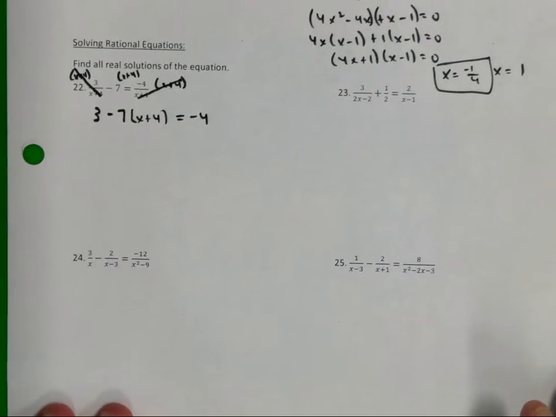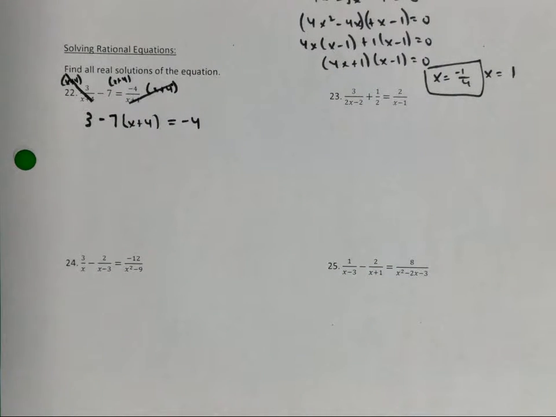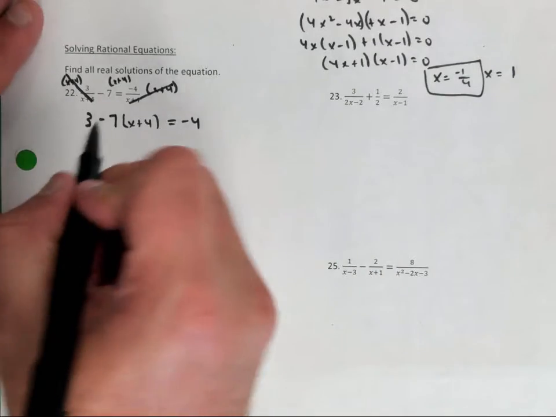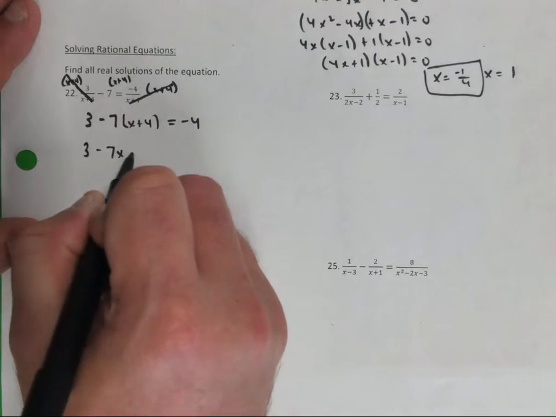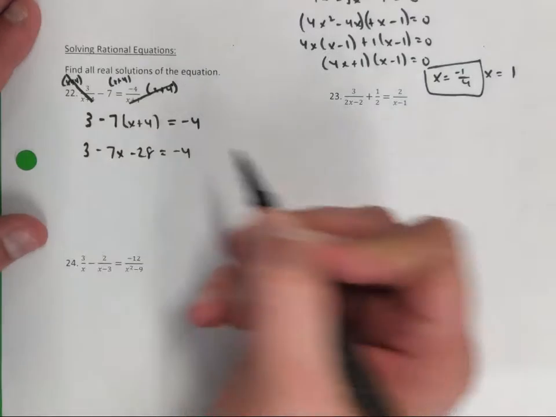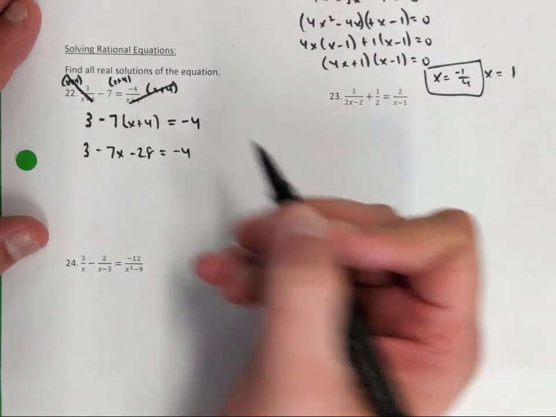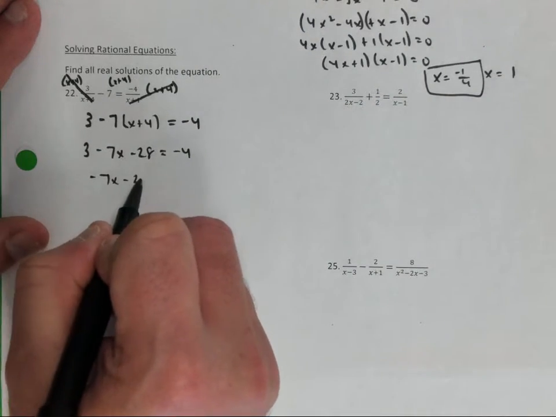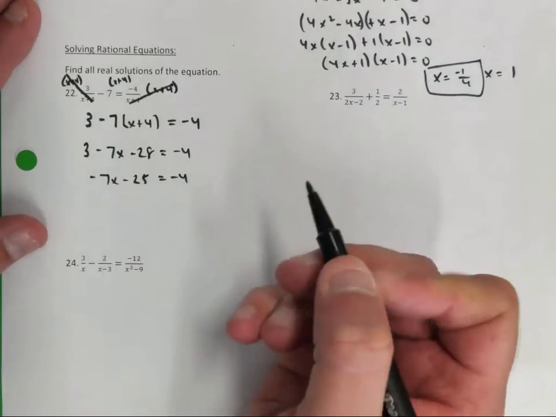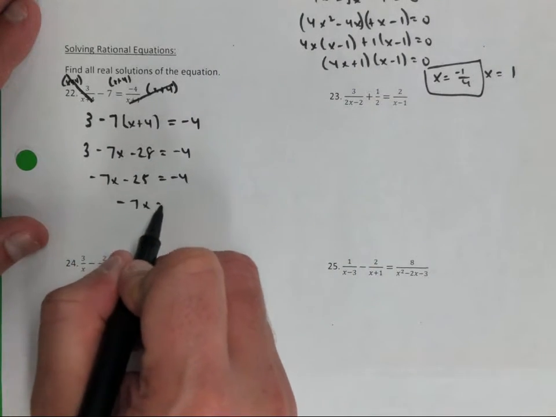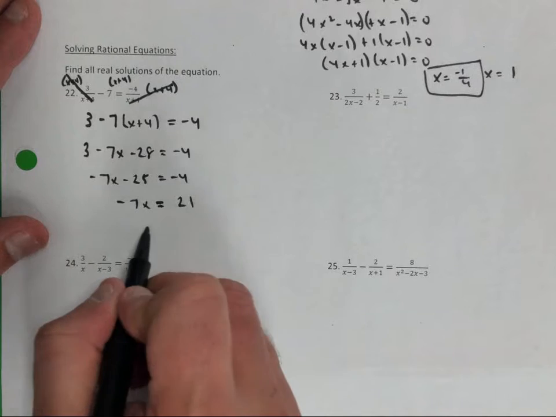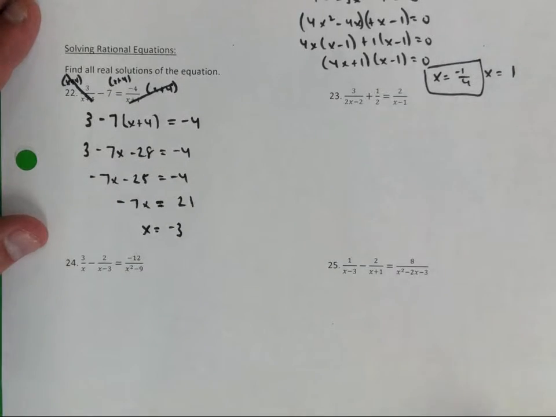And that's so much prettier than what I started with. Now I'm going to distribute. x equals negative 3.